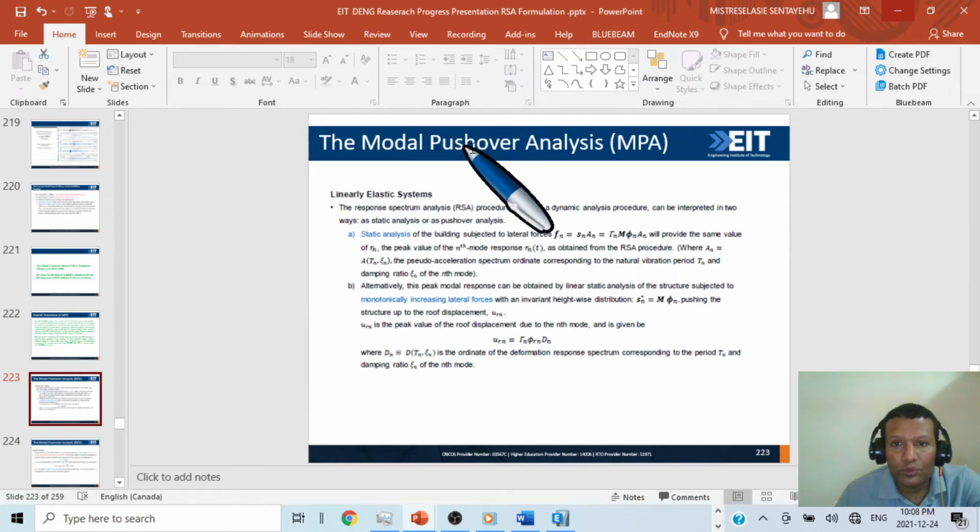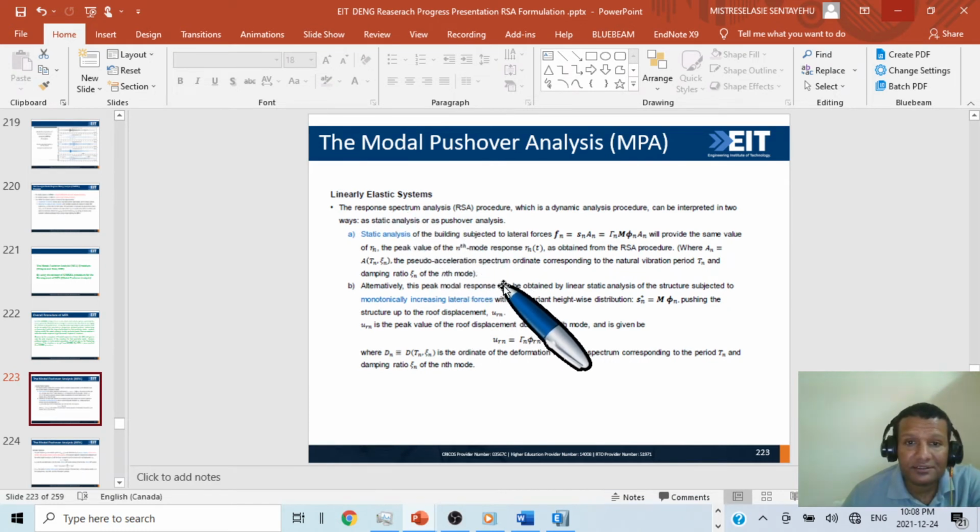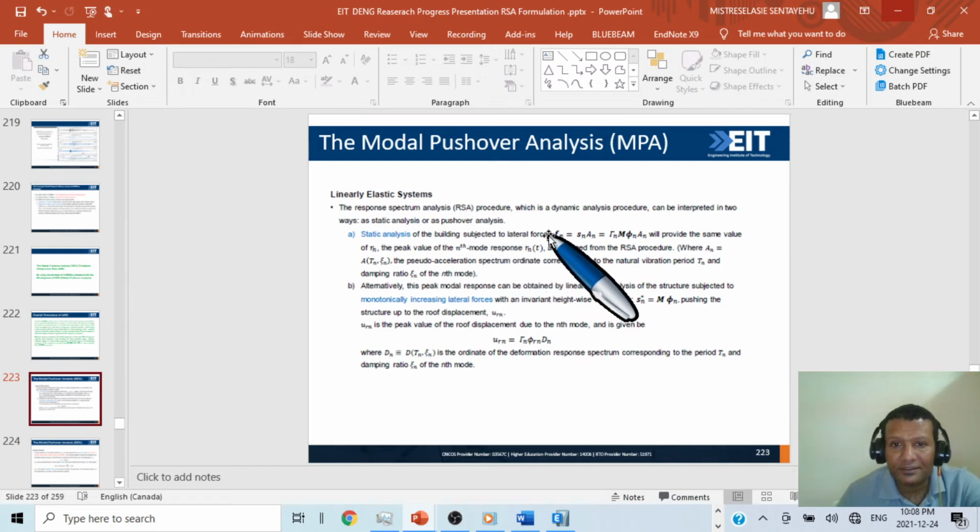Okay, the modal pushover, MPA, for a linear elastic system. This is the same as the response spectrum procedure. The response spectrum analysis procedure, which is a dynamic analysis procedure, can be interpreted in two ways: as static analysis or as pushover analysis.